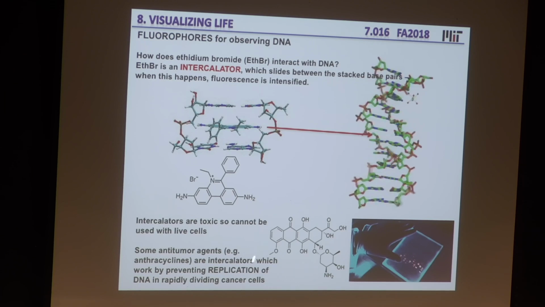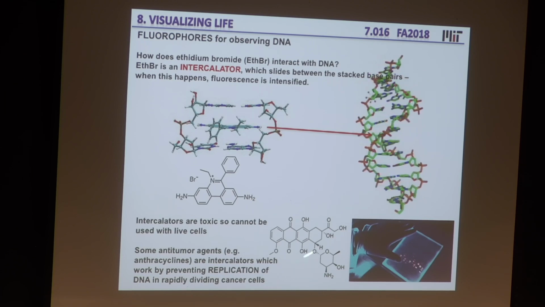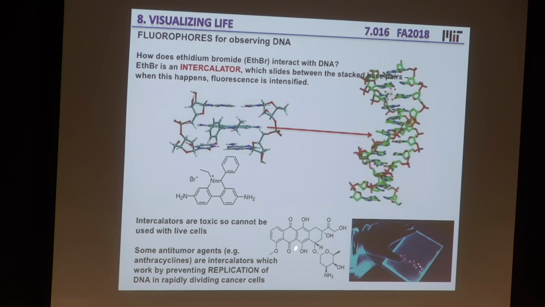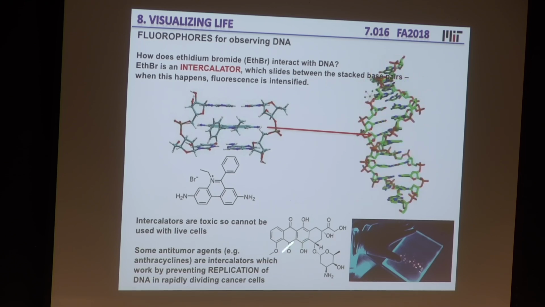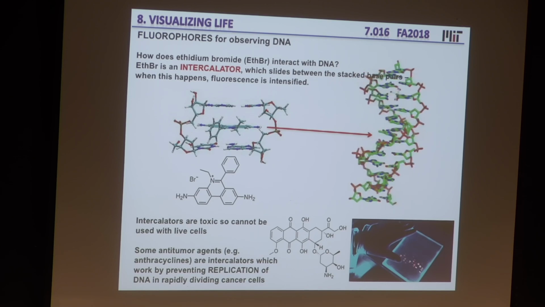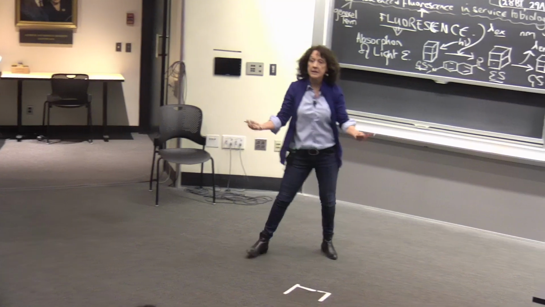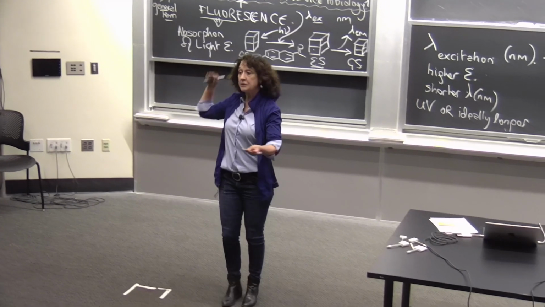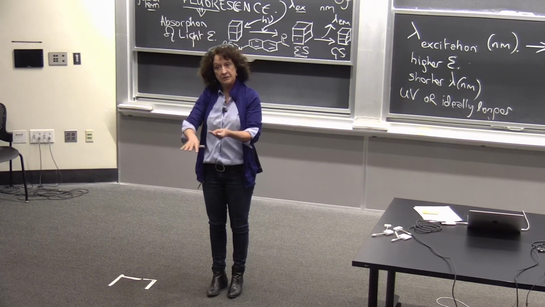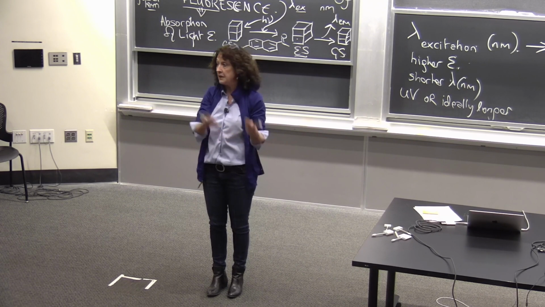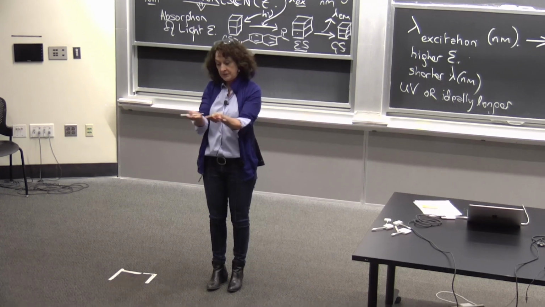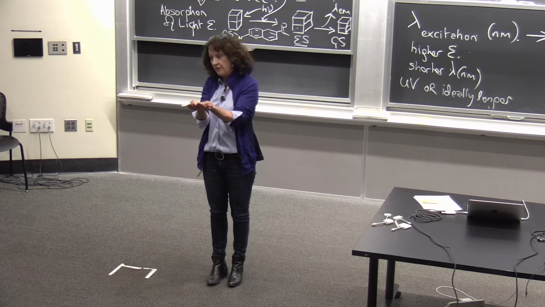I could be off, but it's a natural product isolated from bacteria, and it has this structure that also makes it a DNA intercalator. It's used as a cancer chemotherapeutic agent because it interferes with cell division and proliferation. So we actually exploit that property, but only with cells that we want to kill or stop dividing.